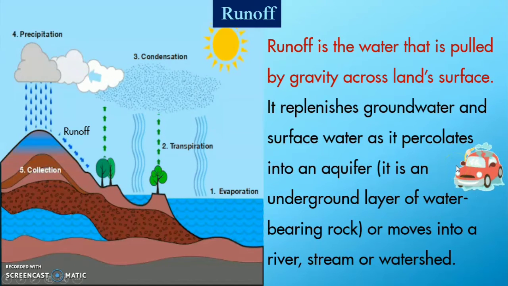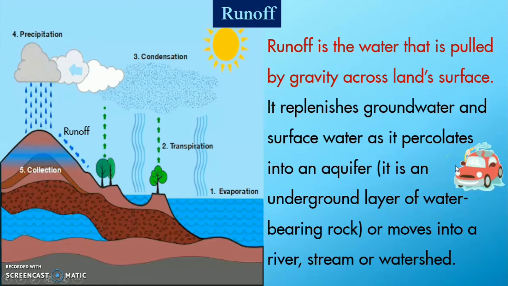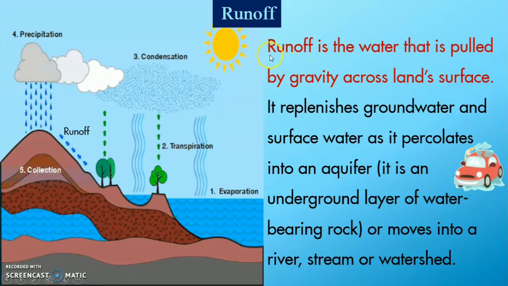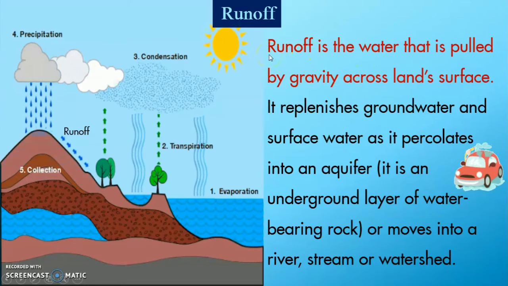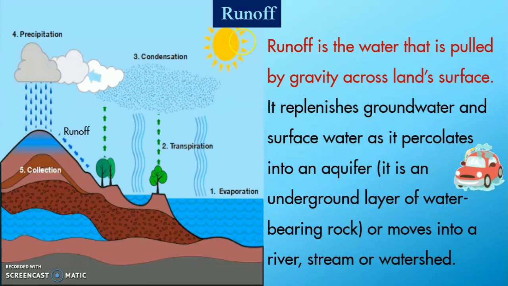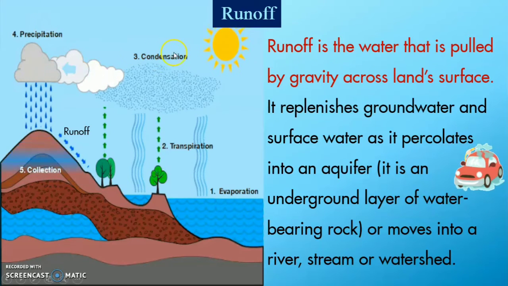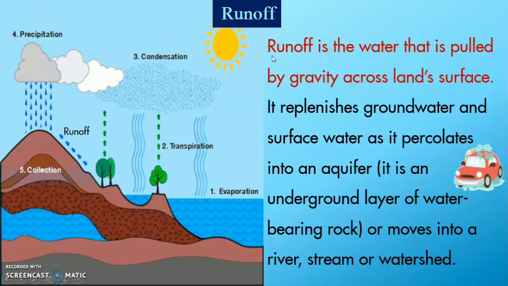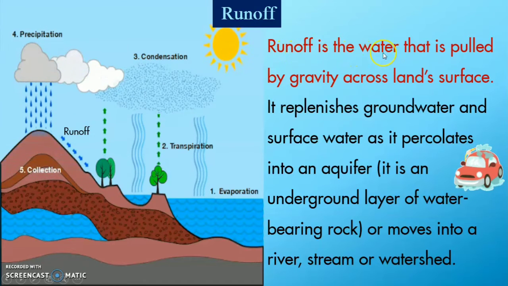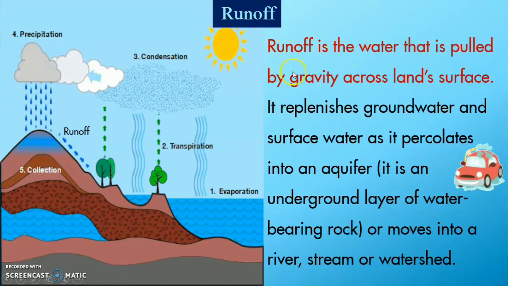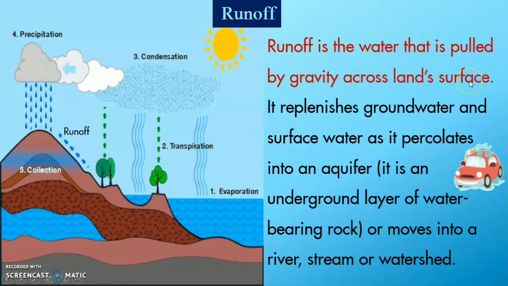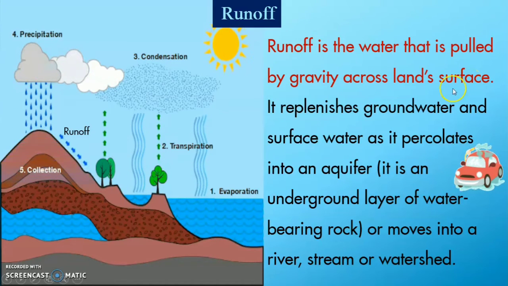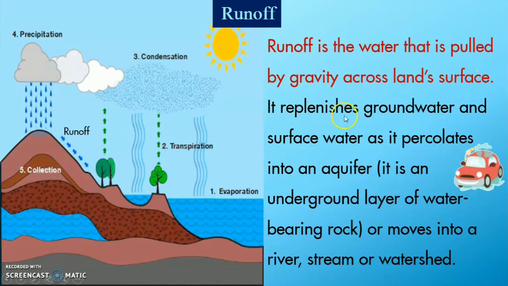In the same way, rainwater runs off downhill, that is on the surface of the land, and this takes place due to gravitational pull. So in short, we can say runoff is the water that is pulled by gravity across the land's surface.